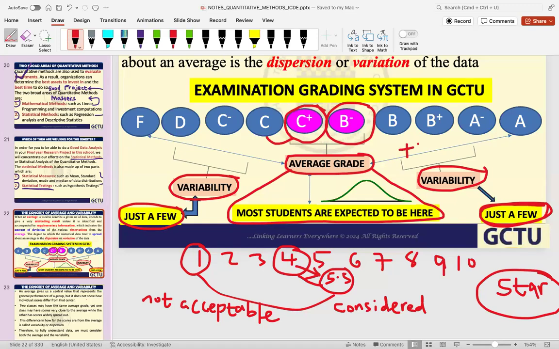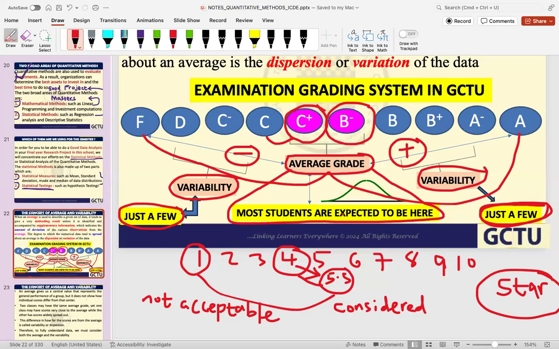We have the positive direction, which is good, and we have the negative direction, which is not good. And so the distance between the left to the average and the distance between the average to the right is what we call the variability.